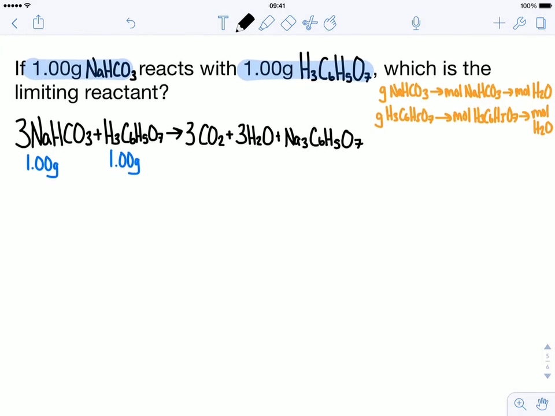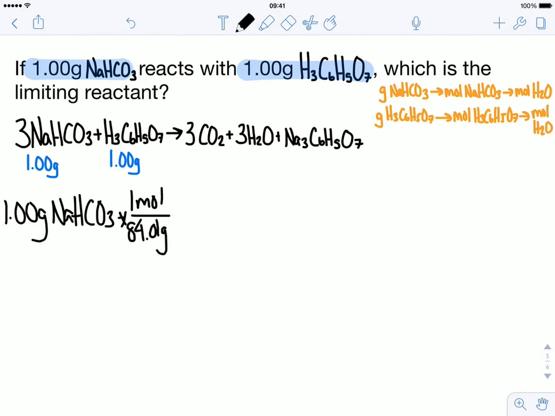Let's take our grams of the sodium bicarbonate first and convert that to moles of sodium bicarbonate. So 1 gram of NaHCO3, and we want to convert that to moles. So we use the molar mass. So in 1 mole, you would have to take a second to figure this out. You know, it's a side step you have to work out, but it's important. So there are 84.01 grams.